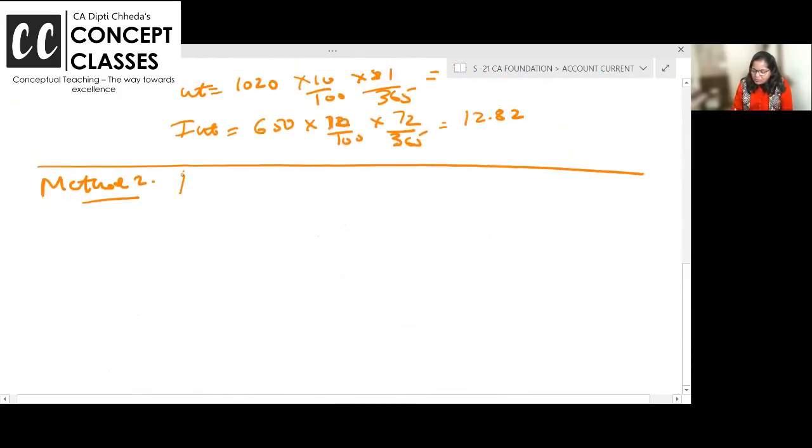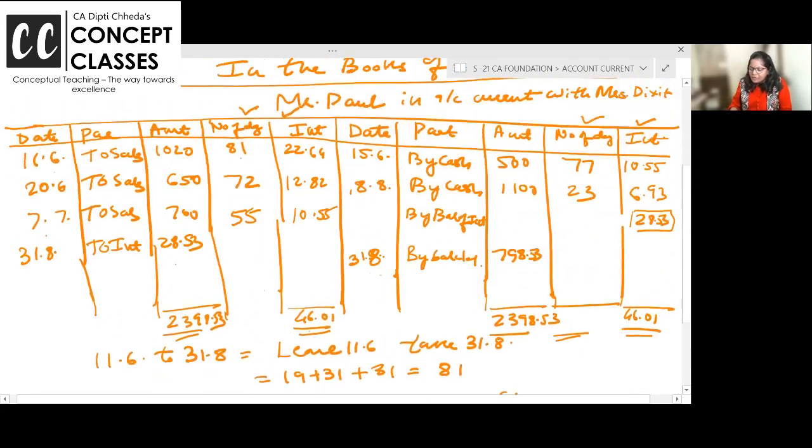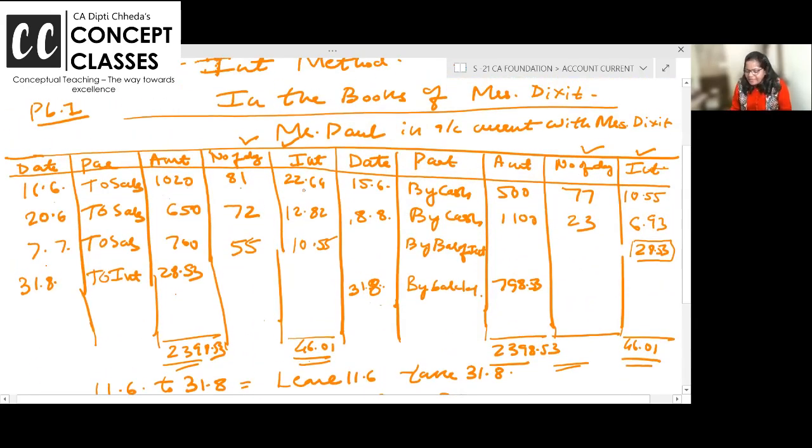Now method 2. Product method. Same. Look here. Instead of calculating interest, one column on number of days and amount. Amount into number of days, can I get the product? And instead of calculating interest every time, can I calculate interest on the balance of the product?